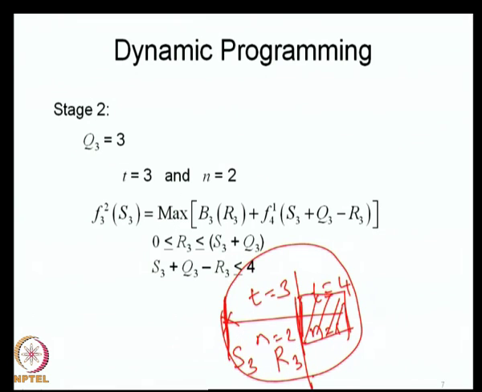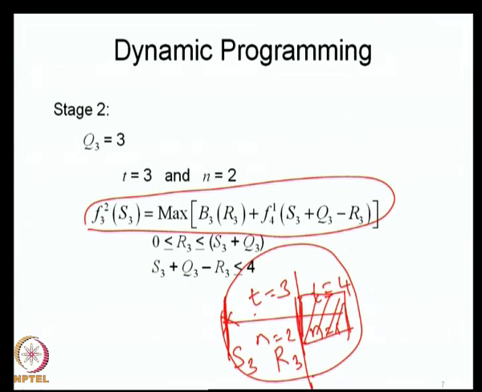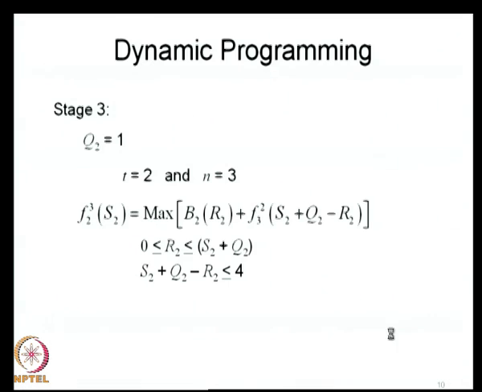The moment we know the storage, we know the optimal objective function value for that, and then these two we add and get the optimal objective function value at stage 3, and we also obtain R3* corresponding to each S3. So, this is what we did in stage 2. Similar computations we do for stage 3. Stage 3 will be much like stage 2 calculations.